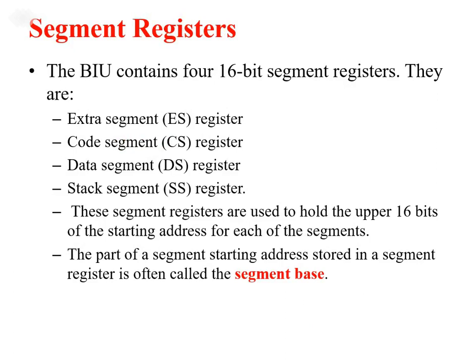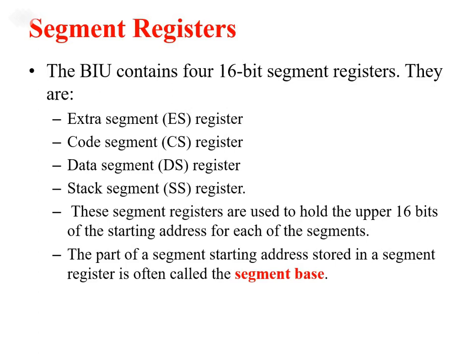Now let's see the segment registers. It has 4 segment registers, each 16 bits in size. First is the extra segment register, then the code segment register, data segment register, and stack segment register. These segment registers are used to hold the upper 16 bits of the starting address for each of the segments.